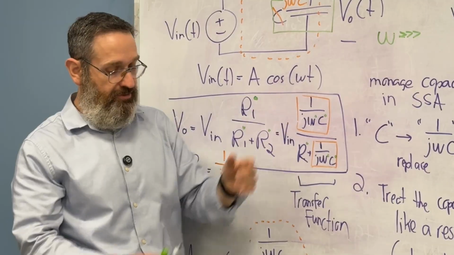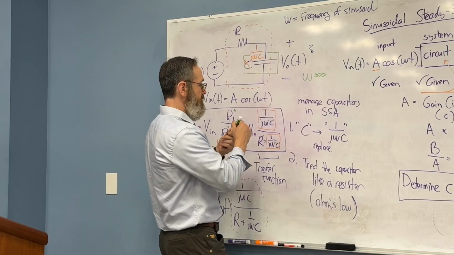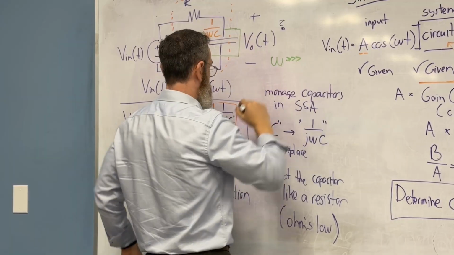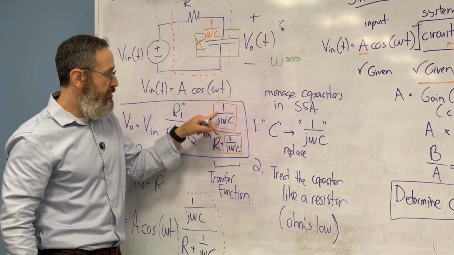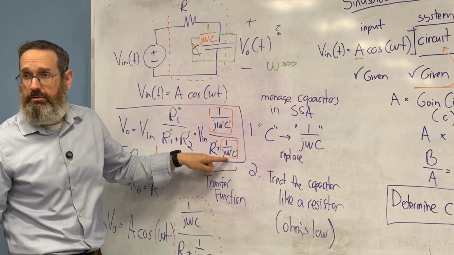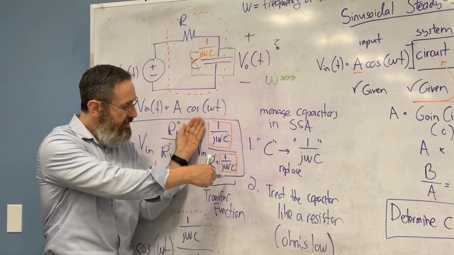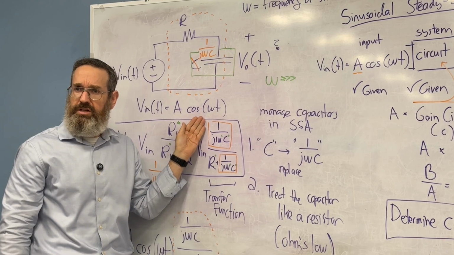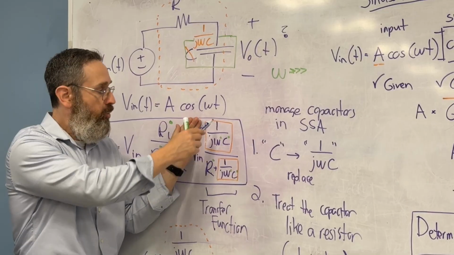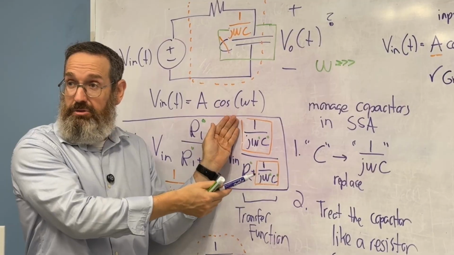So for very high frequency, I can rewrite this as 0 over R plus 0. If the frequency is big, this term here starts to approach 0, it becomes very small, simply because of the W here and the W here and the R here. 1 over a billion plus R over 1 over a billion is like 0.